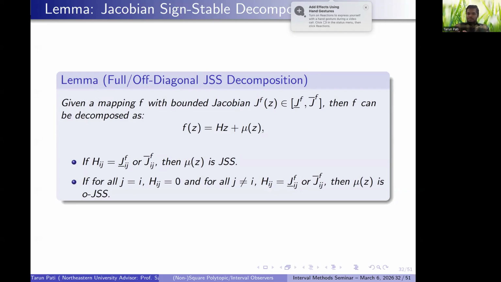But for any Lipschitz continuous function f, we can always divide it into a linear component Hz and a nonlinear component mu(z), such that mu is either JSS or OJSS. How to construct this linear remainder H, we detailed in the two points given below.